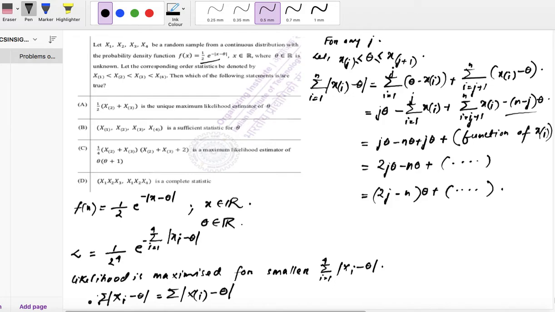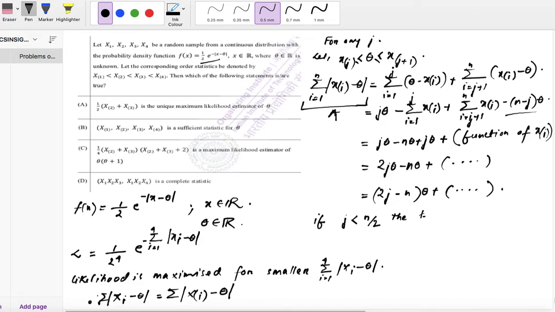Now see, if j is less than n by 2, let us consider the term as a.